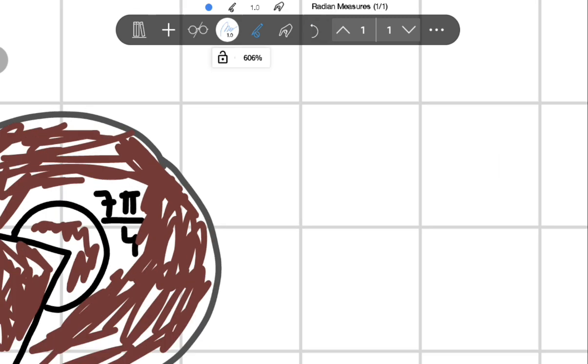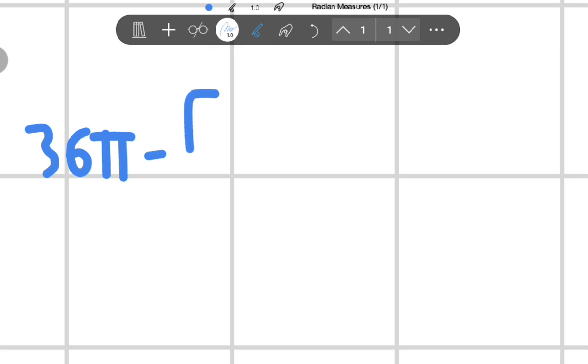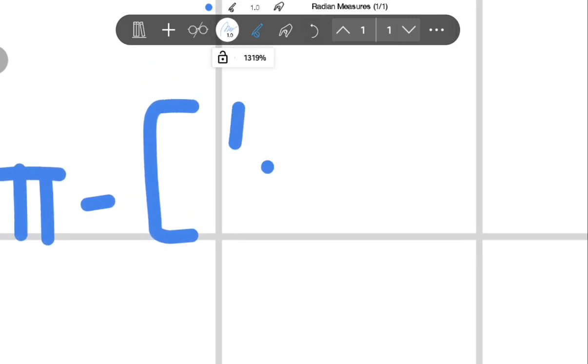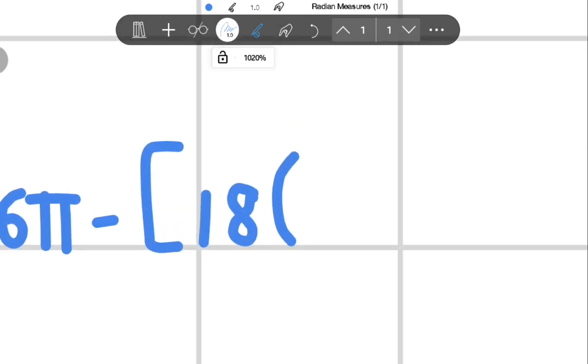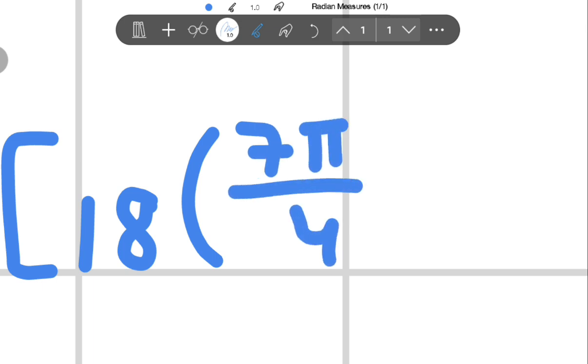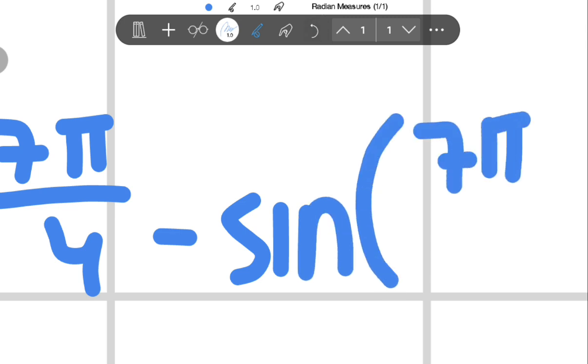The area of the circle is pi r squared, so we have 36 pi minus, and we already know that the area of the segment is half r squared, so 36 times half is 18. Theta, what's theta? 7 pi over 4. So we have 7 pi over 4 minus sine 7 pi over 4.